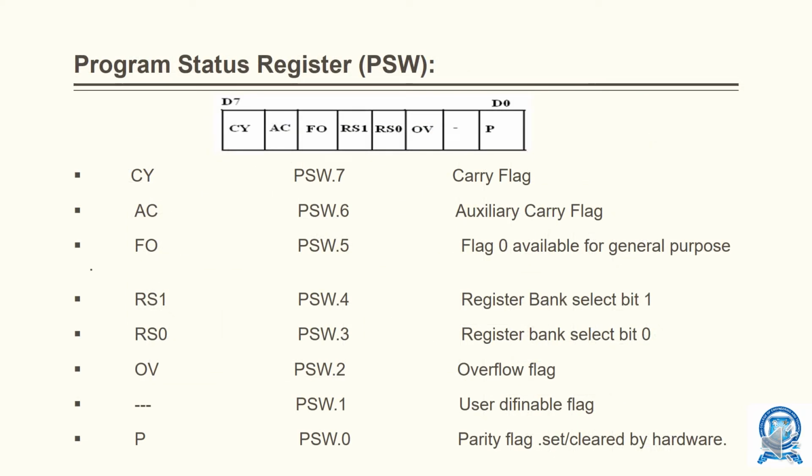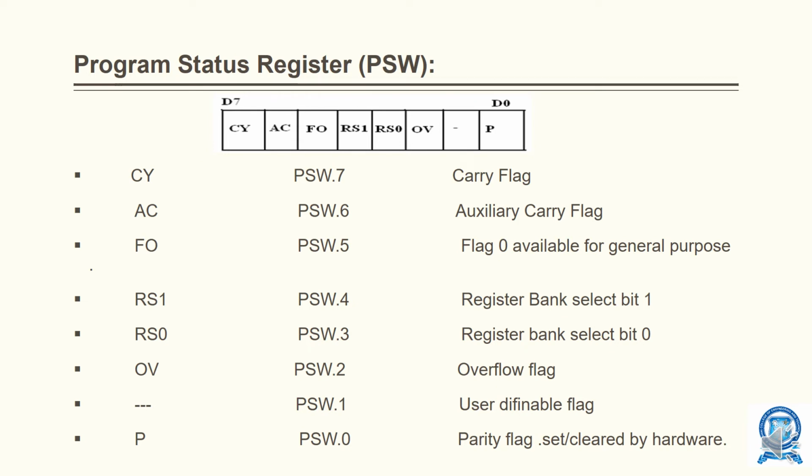The program status word is bit addressable, and each bit represents a flag. I have represented the bit diagram of the flag register or status register. CY represents the carry flag, AC the auxiliary carry flag, F0 is available for general purpose, and RS1 and RS0 are used to select the particular register bank.